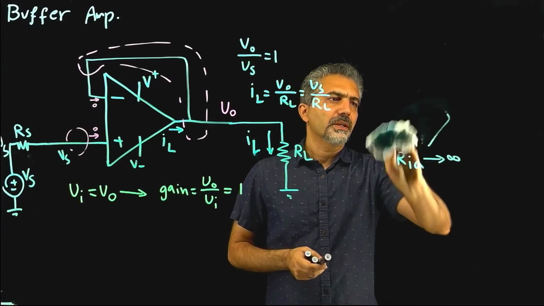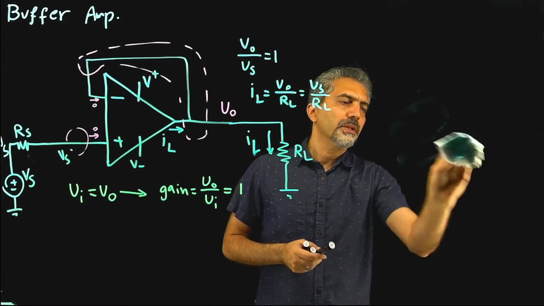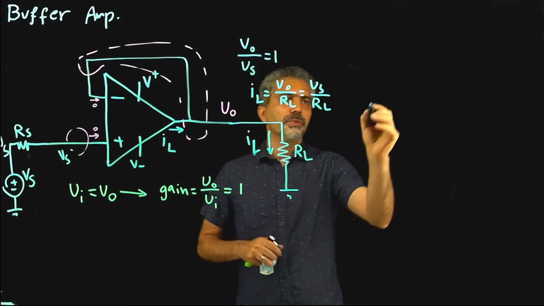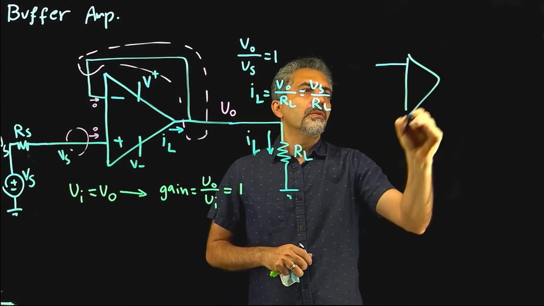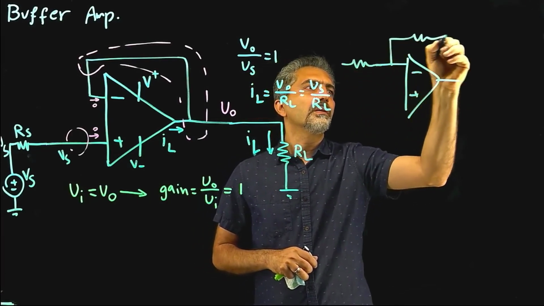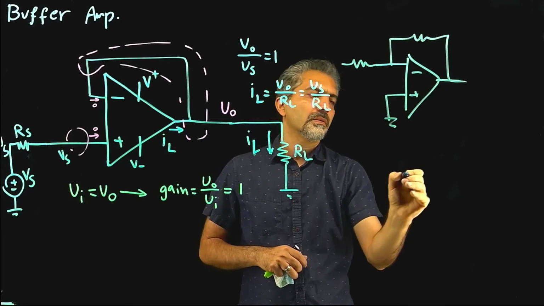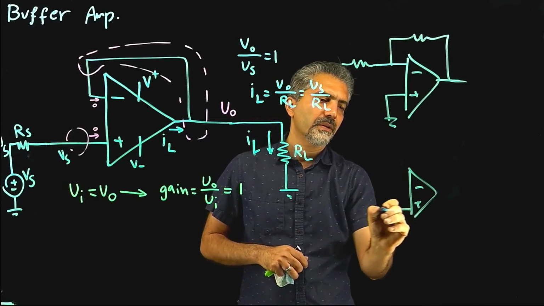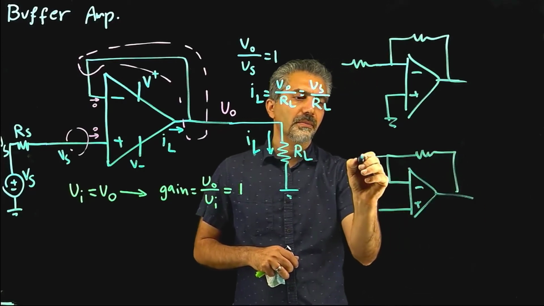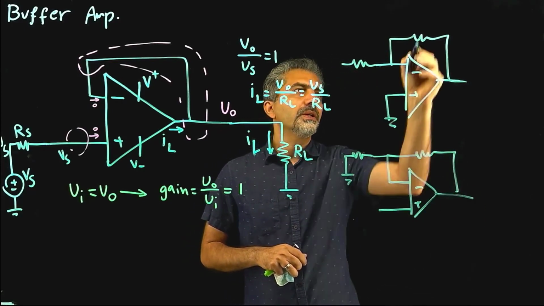Let me give you a quick example that kind of puts that into perspective, and we're going to conclude with that. So we already discussed that we have two different kinds of basic amplifiers that are very typical.